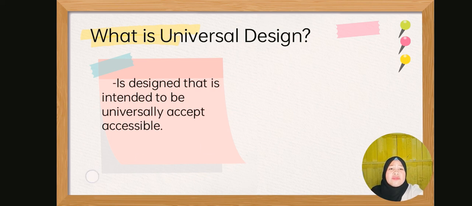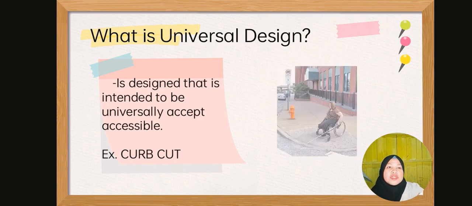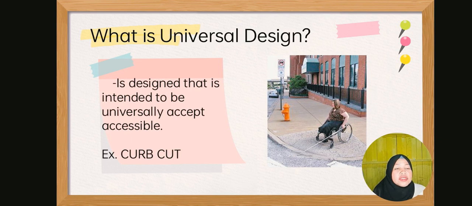Dito kasi sa universal design, for example, curb cut, yes, pag nakita natin yung curb cut, it is for all. Everyone can use it, especially those people with physical disabilities, mga naka-wheelchairs. Kumbaga, from the word universal, for all, parang panglahatan. Yes.